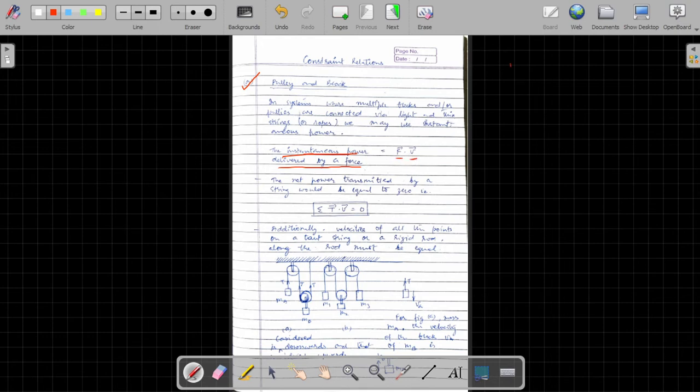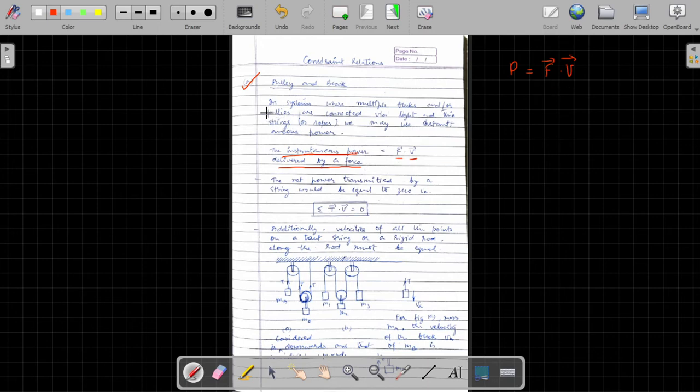That is, the instantaneous power delivered by a force is F dot V. Here it is not important what power is, although you might know the definition of power. What we are defining is that power is equal to the dot product of the force acting on the body and the velocity of the body.